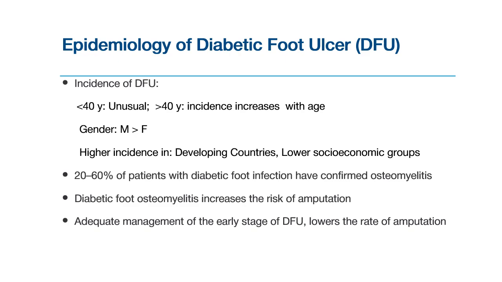And once there is a diabetic foot osteomyelitis, the risk of amputation increases. Adequate management at an early stage of the diabetic foot ulcer will lower the rate of amputation.